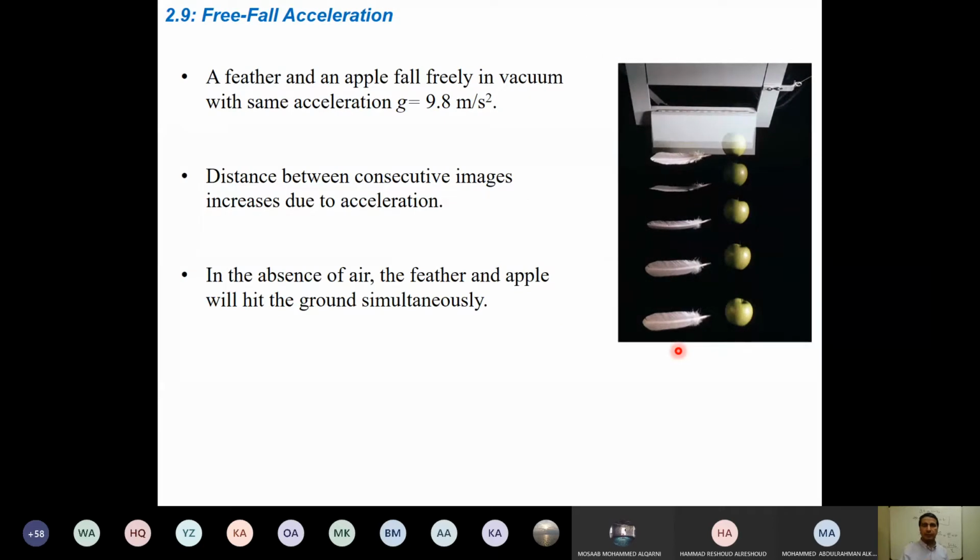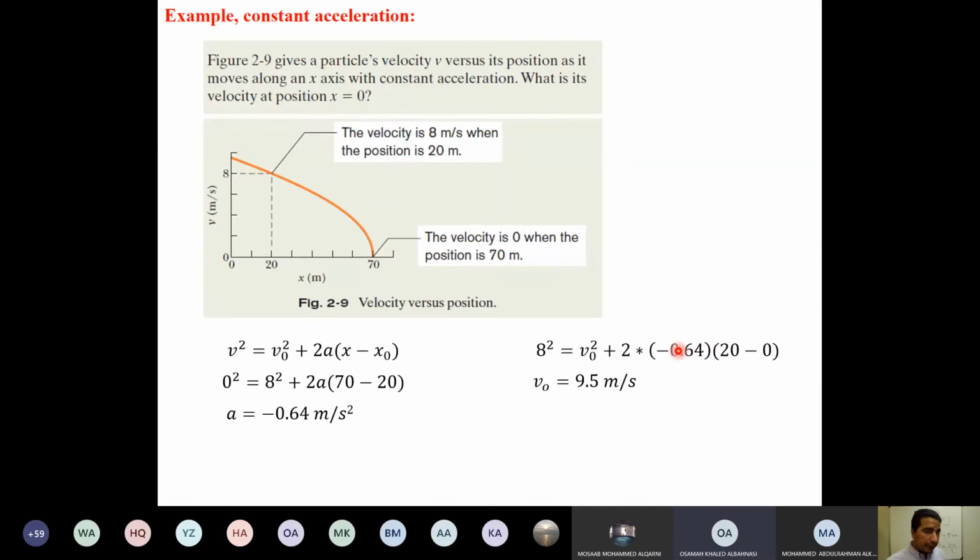Teacher, can you go back? Yes. Any quick question? Yeah, teacher, from the shape of the graph, I don't think the acceleration is constant. The shape of the graph tells us that it is constant, but you need to know that it is not the velocity versus time graph, which we normally get used to.